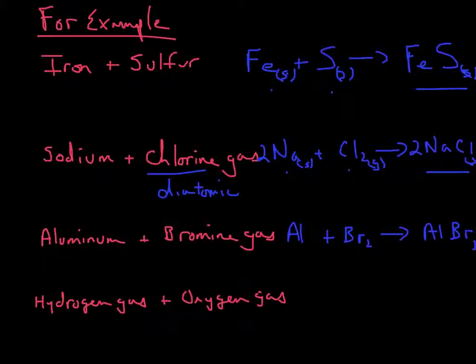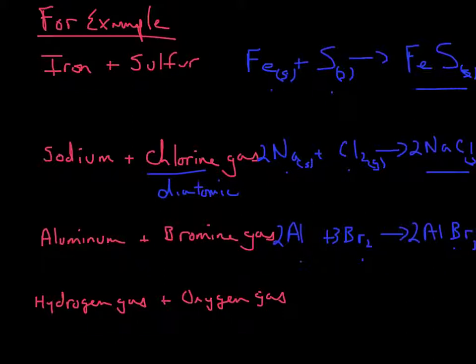Now, if I have 3 here and 2 here, I probably need to do 2 and 3. This gives me 6 bromides, this gives me 6 bromides. I have 2 aluminum, so I add a 2 there. That's balanced. Element plus element, compound.